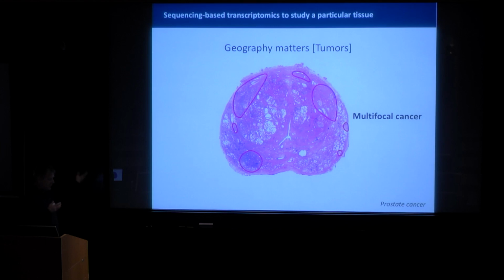And I'll try to prove, and I think some of you are already convinced, that geography really matters. If you think about tumors, this is a prostate cancer. It has 7 loci, prostate cancer loci. And obviously you would like to know much more than the bulk analysis of this tumor, to dissect out and understand what's the difference between these different 7 focal cancers.